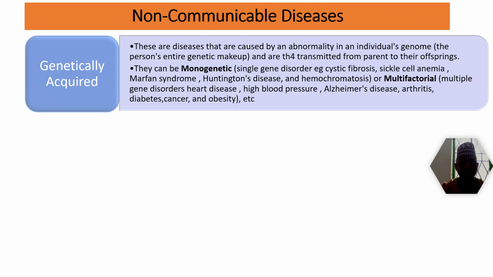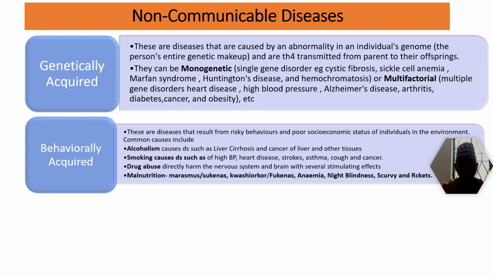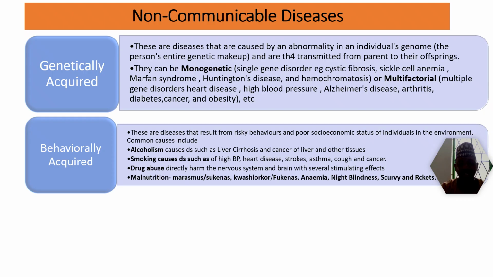So in short, these are some of the examples of genetically acquired non-communicable diseases. Now we have the behaviorally acquired non-communicable diseases. These are generally diseases that result from some risky behaviors and maybe a poor socioeconomic status of the individuals in the environment.